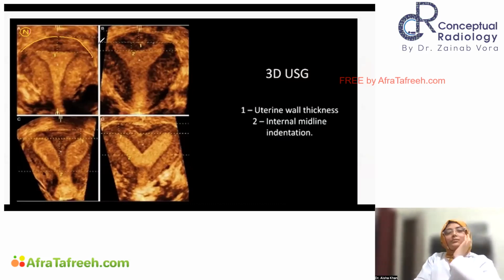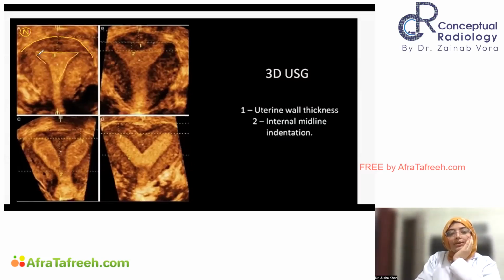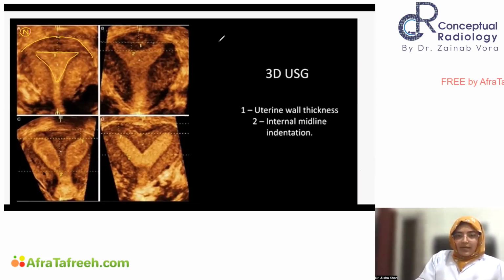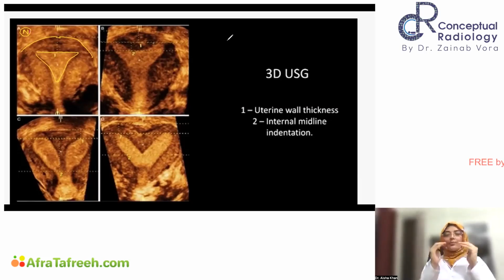Okay. Then what do you have to see? Internal is your endometrial cavity. So this is a normal triangular shaped endometrial cavity, and the fundus is convex outwards. Okay. So just remember some things, that fundus is called the serosal surface. And normally the fundus is convex or it is having a bulge outwards.